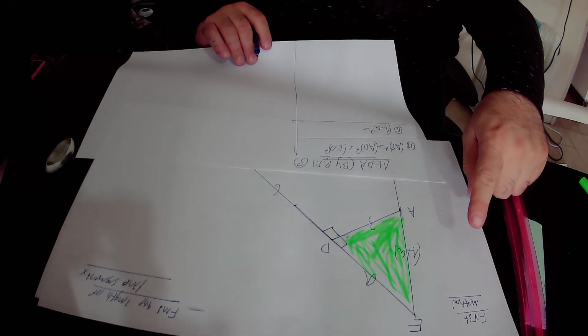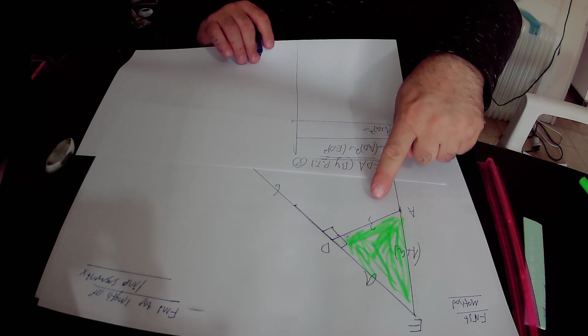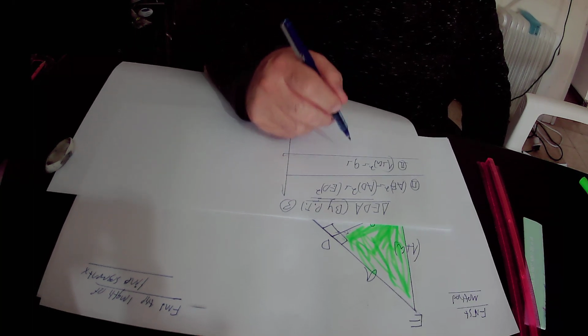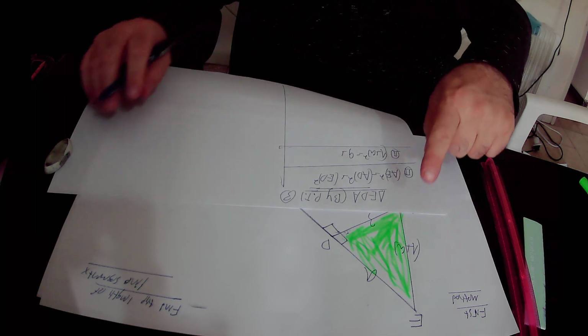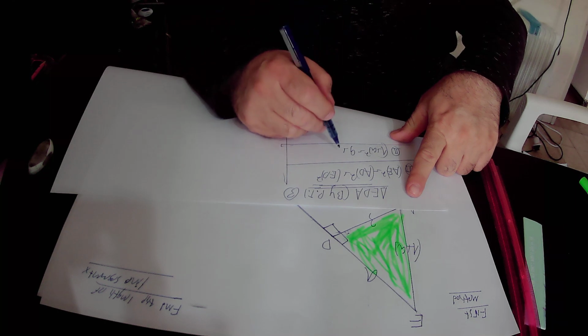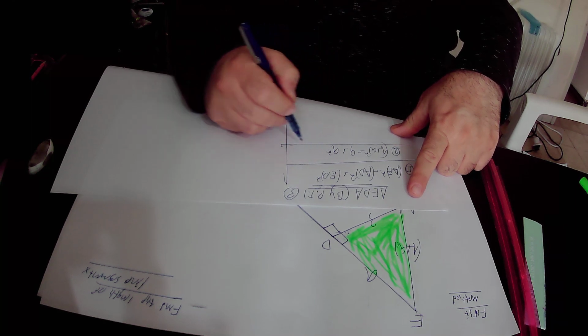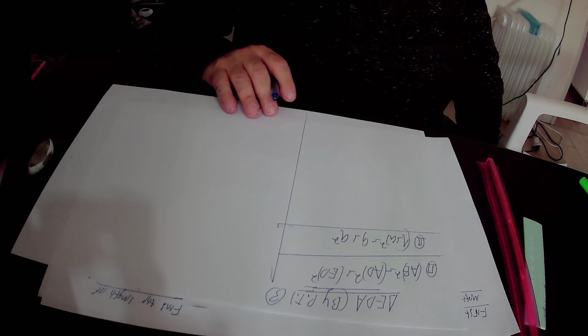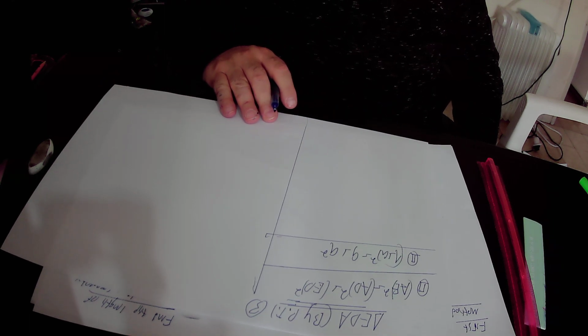AD equals 3, so AD squared is 3 squared, that is 9, plus ED squared. ED equals A, so ED squared is A squared. So in conclusion, according to equation number 2, we found that 1 plus A squared equals 9 plus A squared.